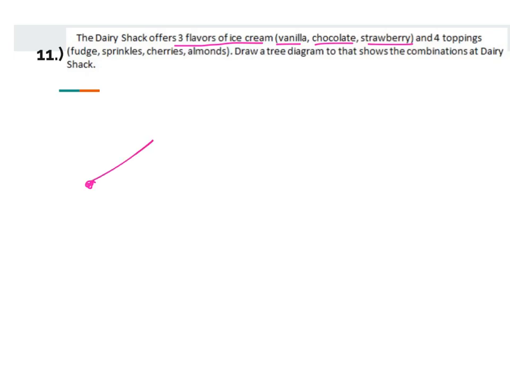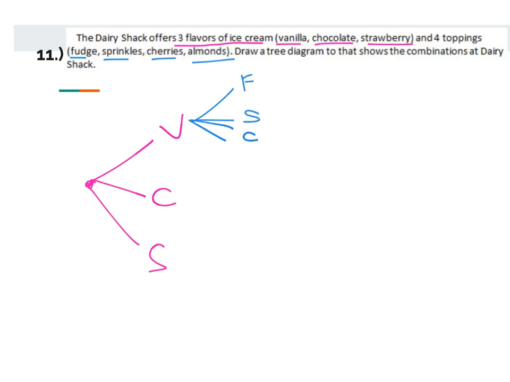You're going to branch off in those 3 directions. And then for each flavor, there are 4 different toppings. So for vanilla, we could have fudge, sprinkles, cherries, or almonds. So I need to branch out 4: 1, 2, 3, 4.